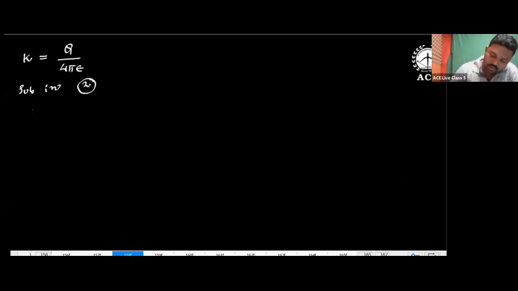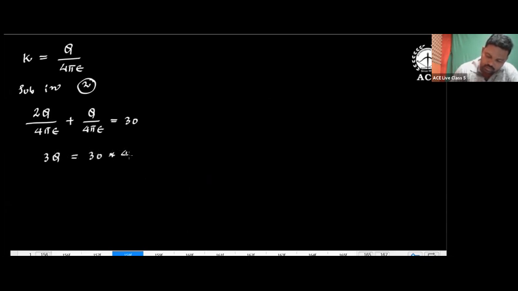It is 2Q divided by 4 pi epsilon plus K. What is the K? Q by 4 pi epsilon, which is equal to 30. Is that correct? So from here you are going to get 3Q is equal to 30 into 4 pi epsilon. So Q is equal to 40 pi epsilon.